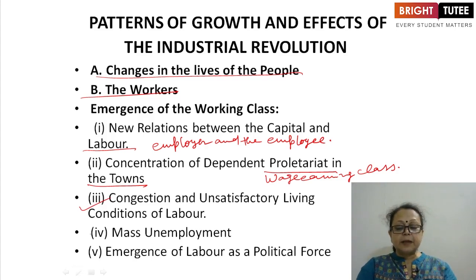Then next it is about mass unemployment. With the coming of the age of machines, there appeared a new social phenomenon, chronic mass unemployment. Before the machines, the employment rate was very high.